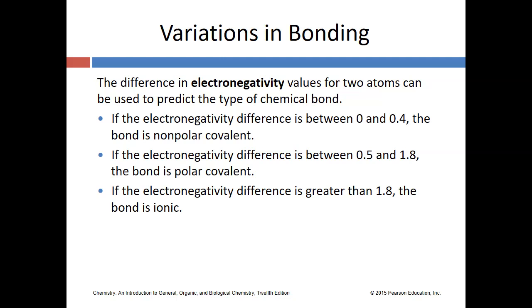If that difference is somewhere between 0.5 and 1.8, we consider it to be a polar covalent bond. If the difference is greater than 1.8, we generally consider this to be ionic.